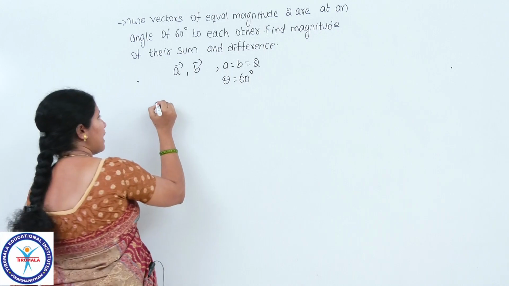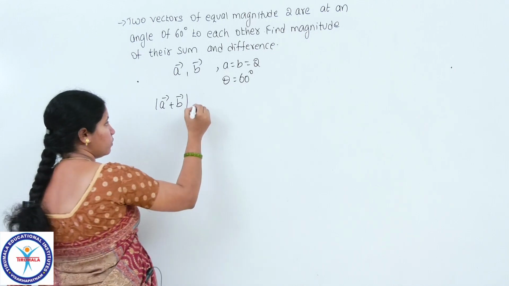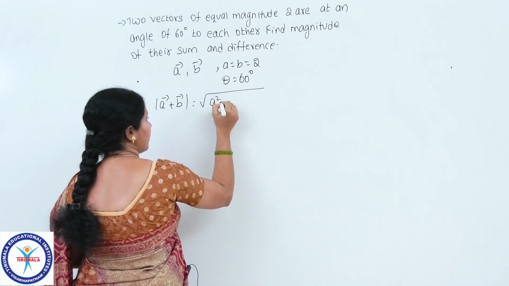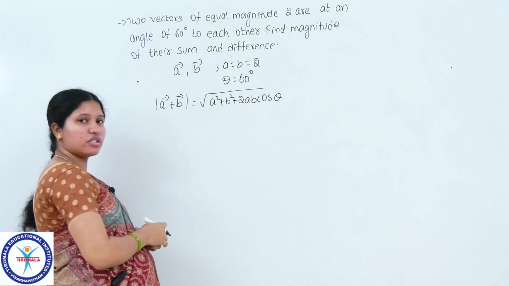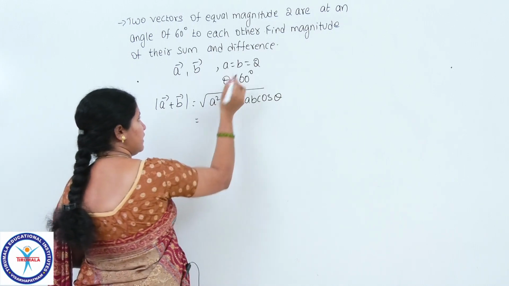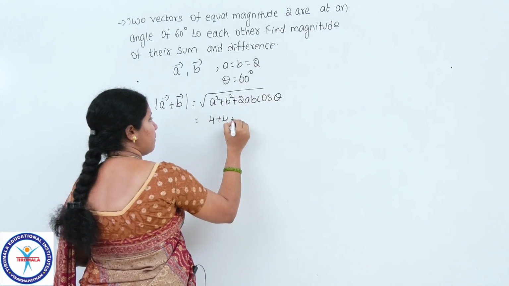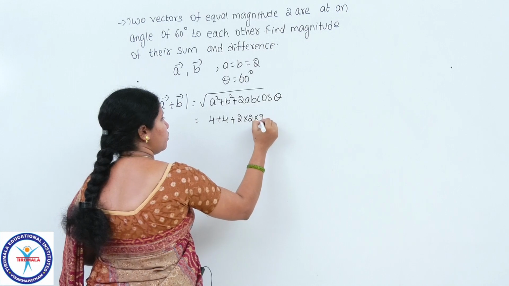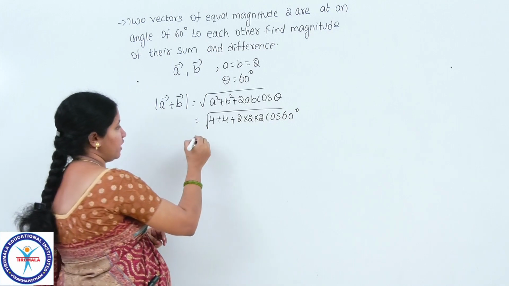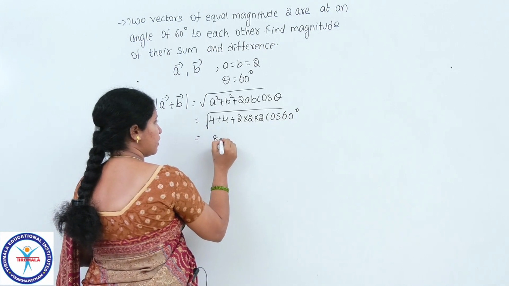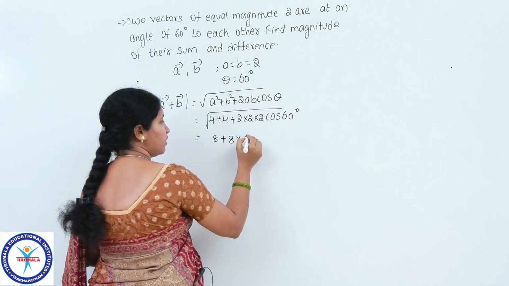So first, let us see the magnitude of their sum, that is modulus of A bar plus B bar, equal to square root of A square plus B square plus 2AB cos theta. Now substitute the values. A is 2, 2 square is 4, and B is 2, 2 square is 4, plus 2 into 2 cos 60 degrees. On solving, we get 4 plus 4 is 8, plus 2 twos are 4, 4 twos are 8, into cos 60 degrees, whose value is 1 by 2.